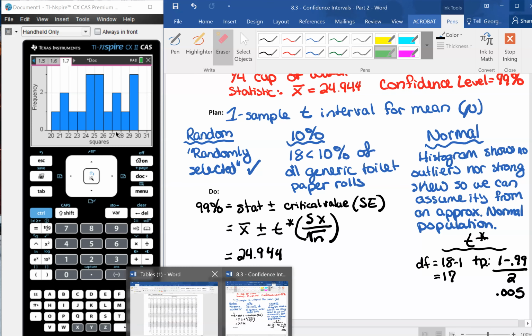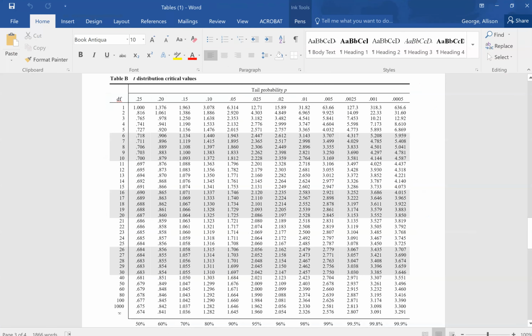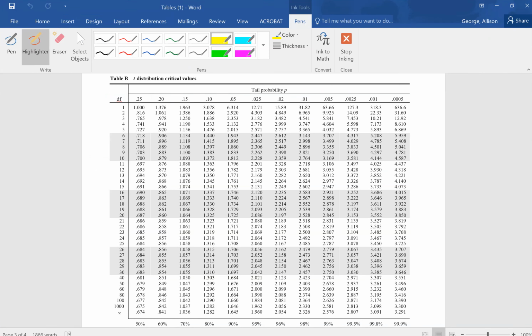So I'm going to jump to the table. All right, so our tail probability we said was 0.005. So that's right there. And then I want to find a degree of freedom of 17. So that's right there.